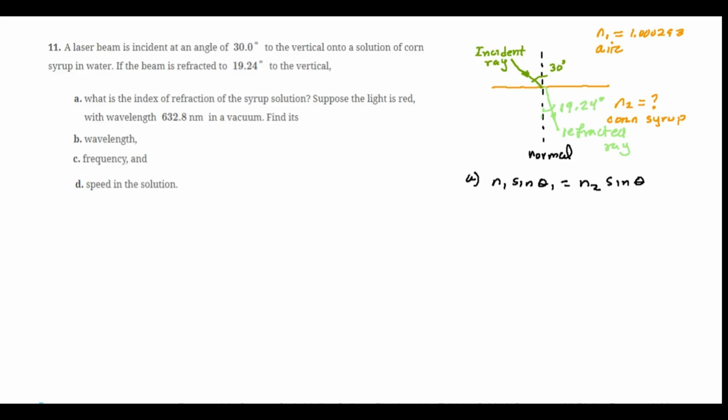We want to find n sub 2, so solving for n sub 2, index of refraction of the medium 1 times the sine of theta sub 1, which is the angle of incidence, divided by the sine of theta sub 2. Remember that theta sub 2 is the angle of refraction. All this will be equal to n sub 2.